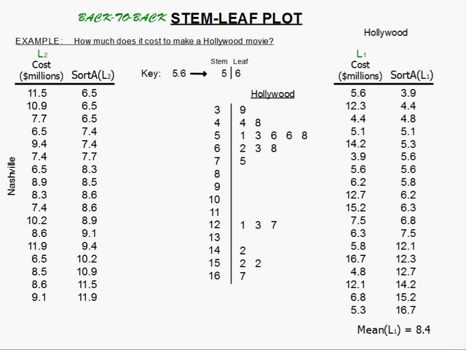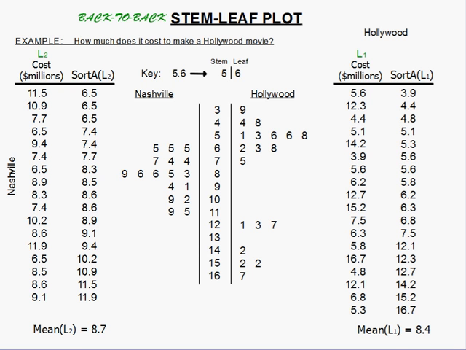We collect a bunch of data from movies made in Nashville. We sort it, and we can go through and make a stem leaf plot for Nashville. It's going to use the same stems, but instead of going off to the right, it goes off to the left, labeled Nashville. And that's what ends up being created for the stem leaf plots.